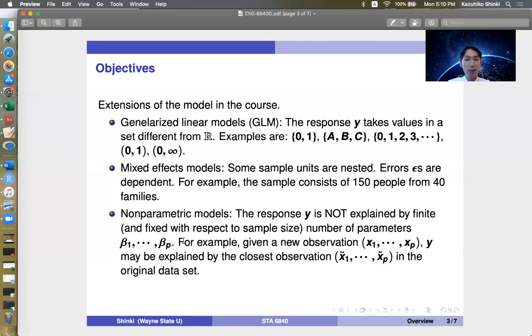So this is one example. Given a new observation, x1 to xp, for example, the height and maybe temperature of a new individual animal, then y may be explained by the closest observation in the original data set. Suppose in the training data set we originally have 150 observations and we constructed a model, and we get a new observation x1 to xp.